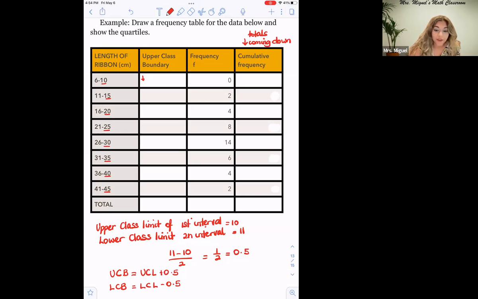So the first value is 0. The second value, 0 plus 2, which is 2. The third value, 2 plus 4, which is 6. Then we have 6 plus 8, which is 14. So I want you to complete this column and this column here for me.